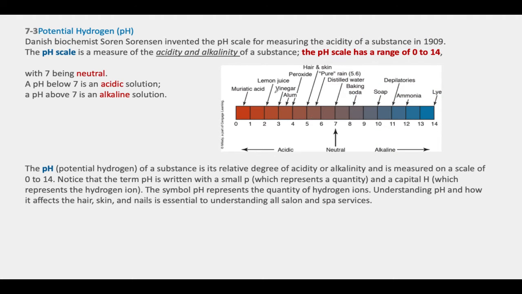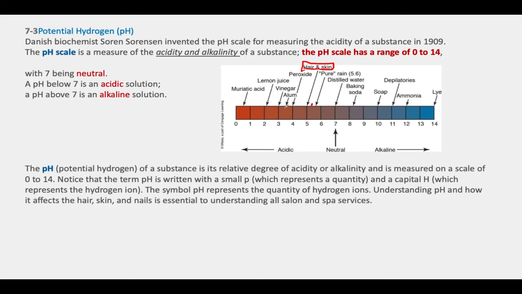Then acidic, and one of them is lemon juice, which we are very familiar with, some peroxide, and then vinegar. These are what we call the acidic environment. It's important to note that hair and skin are at about 5 or 5.5, so in this range right here, that's our pH range.